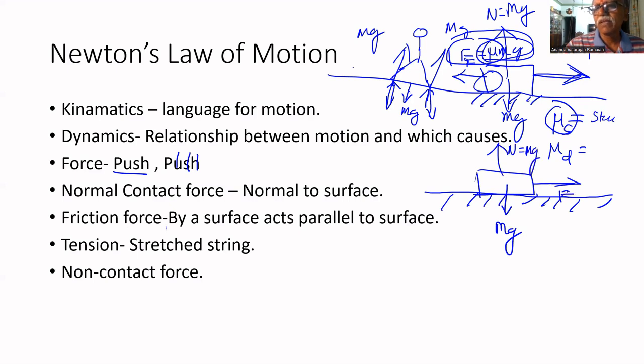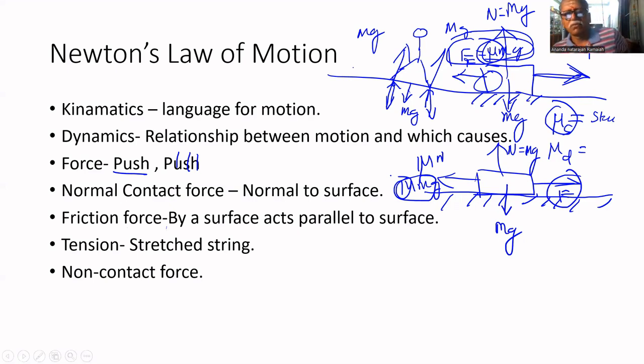If the force is applied rightwards, then immediately an opposite force will act, that is mu N, or mu mg. Even though the force is not sufficient to move this body towards the right, this will still act. That is called static. When the body moves, this mu value is different.